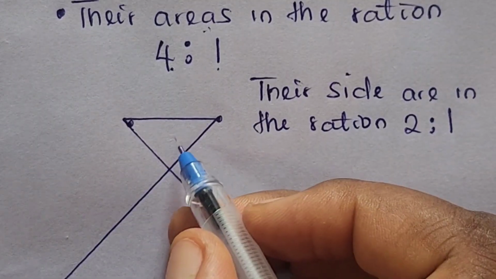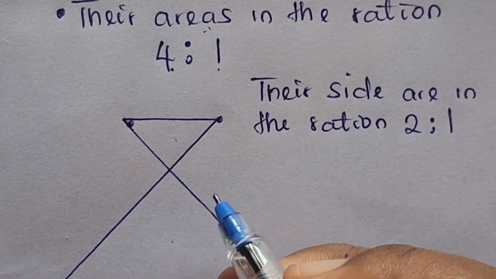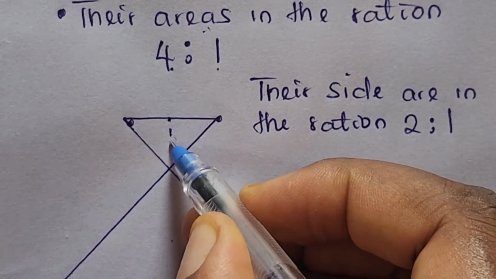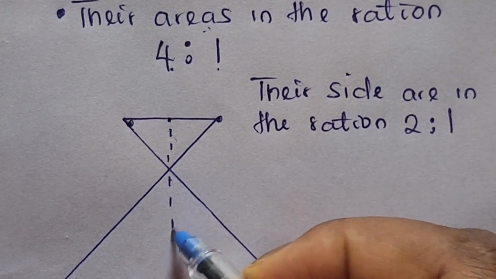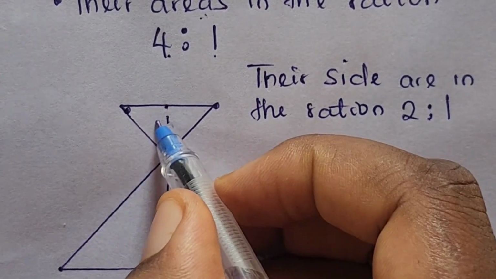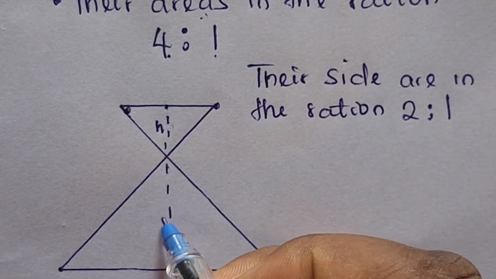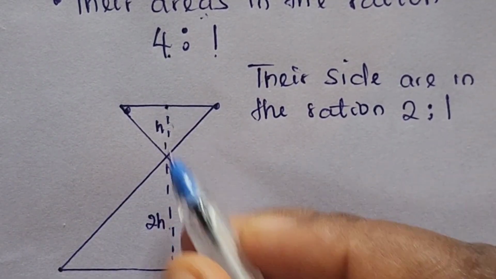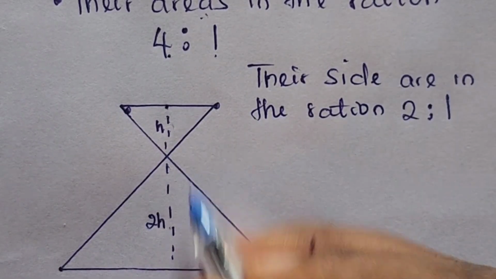From here we can get the height of this rectangle. We can get the height to, let's name here h, that's the height, and this is 2h, since they are similar triangles.